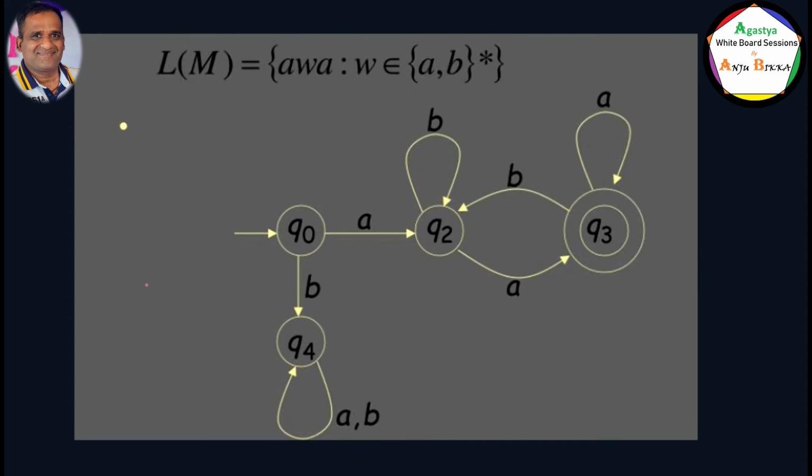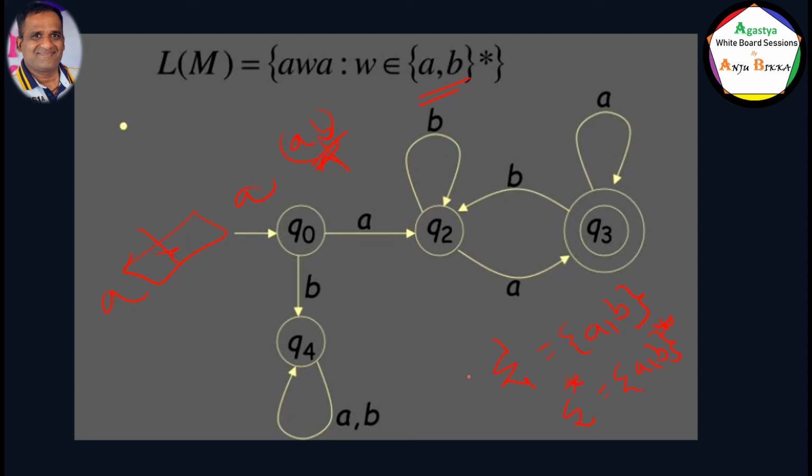Now this one accepts any string that starts and ends with A over the alphabet AB. See, that is important. When we say sigma equals AB, then we can say sigma star, which is AB whole star.